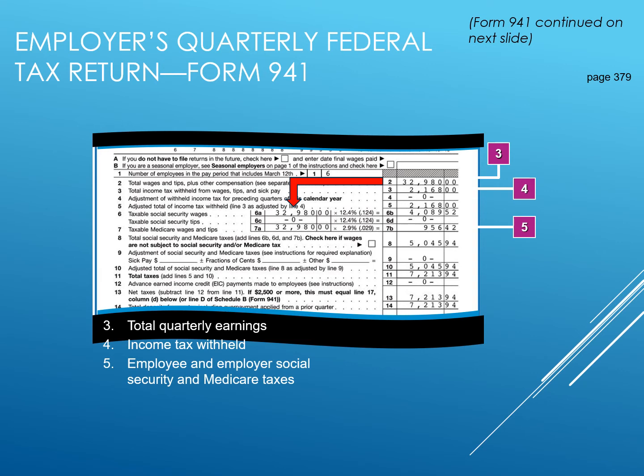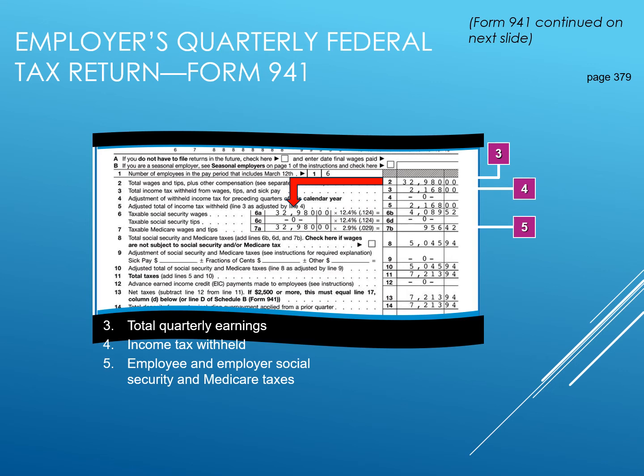Then we are going to calculate the employee and employer Social Security tax and Medicare tax. So on line 6A, we are going to take the total salaries times 12.4%. The reason why it is 12.4% is because it includes both the employer's percent and the employee's percent. 6.2 plus 6.2 gives you 12.4.